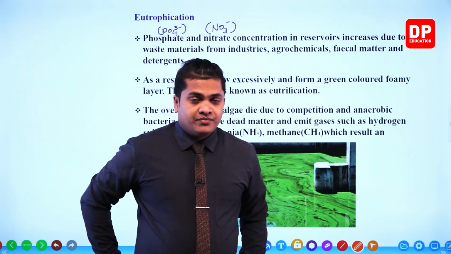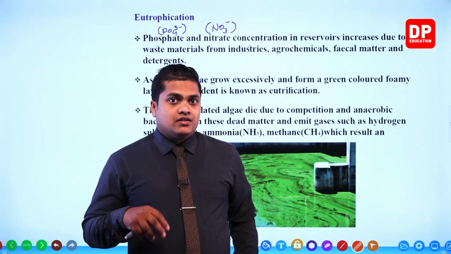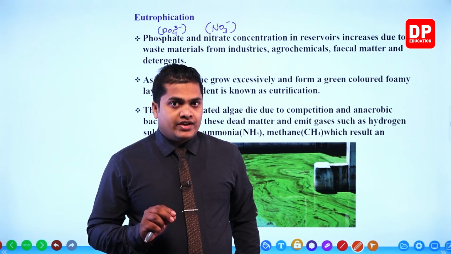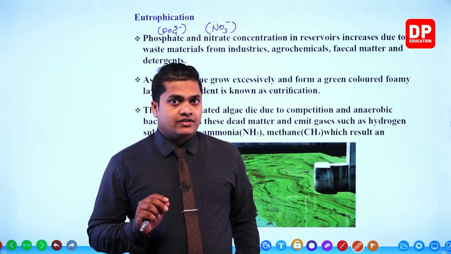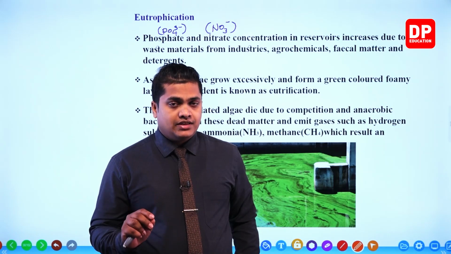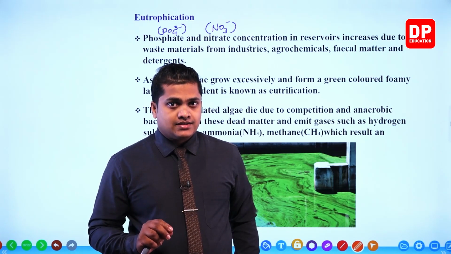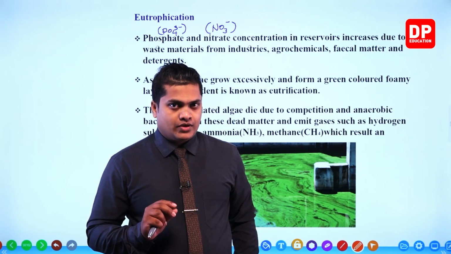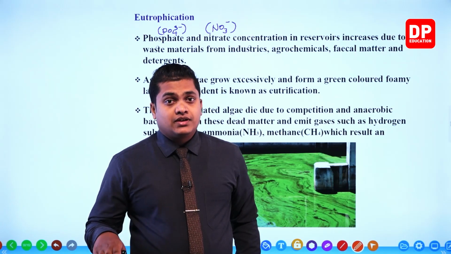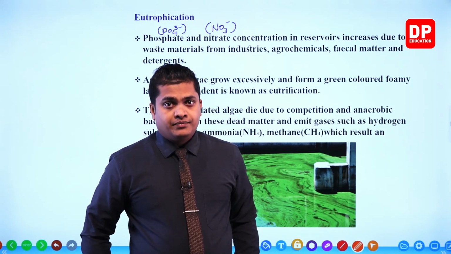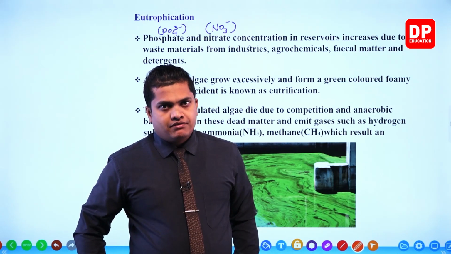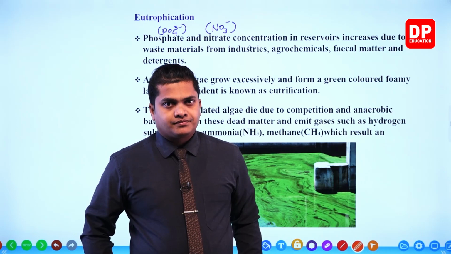So my dear children, when you go to the urban areas, within their drainage systems and even in the reservoirs within the urban areas, you might have seen these things. You can clearly observe the green colored water over there, and the other thing is the very bad smell given out by that water.